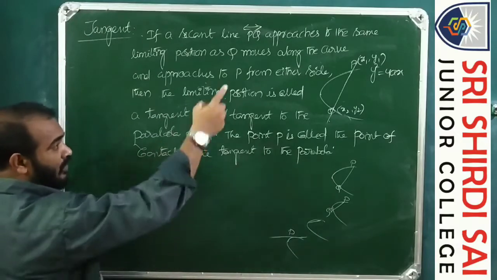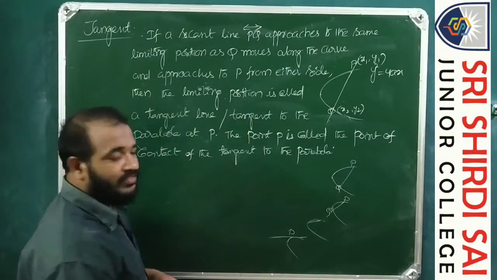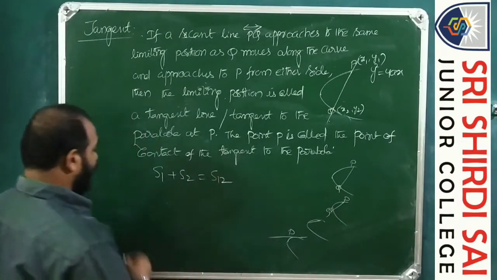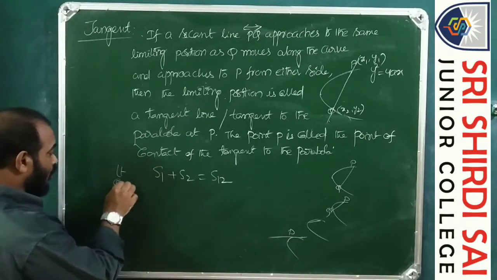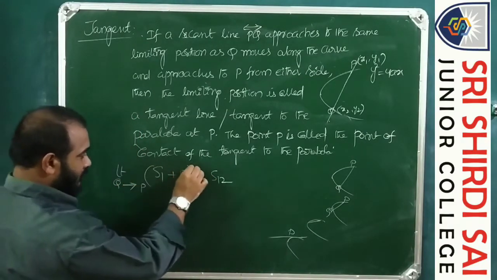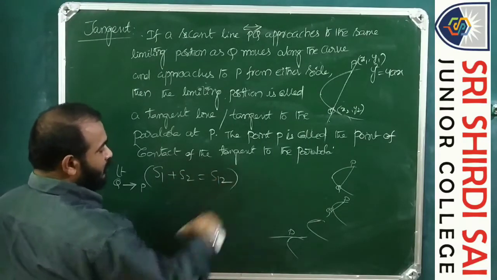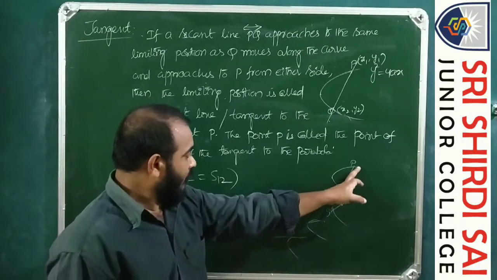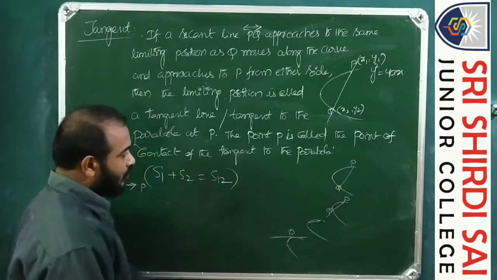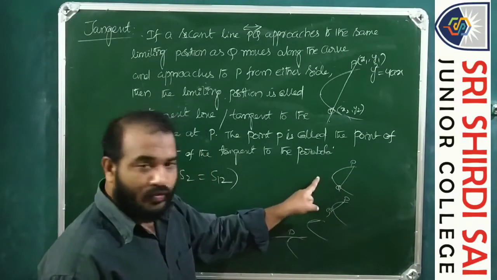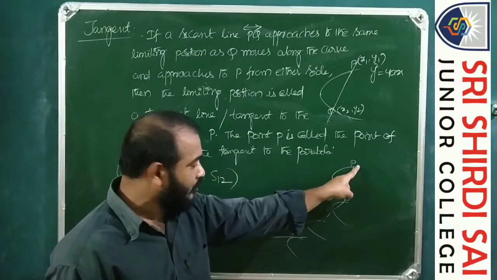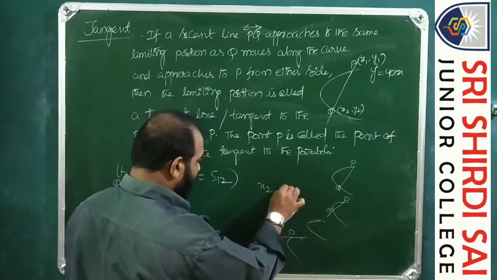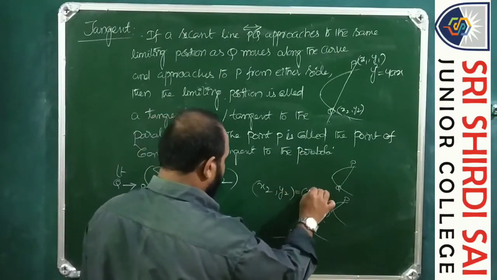So what is the equation of the chord joining the 2 points? S1 plus S2 is equal to S12, where P is x1 y1 and Q is x2 y2. As Q is tending to P, if Q keeps on moving until Q equals P, that means x2 y2 is equal to x1 y1.